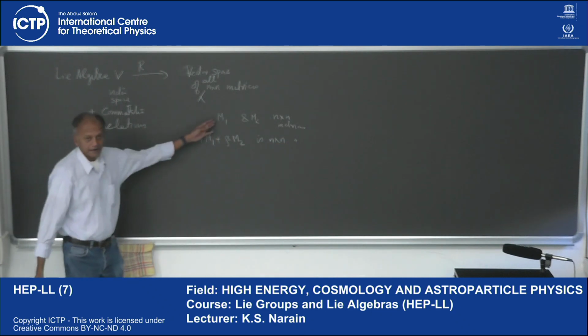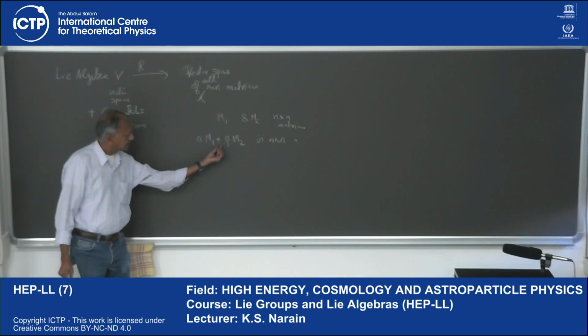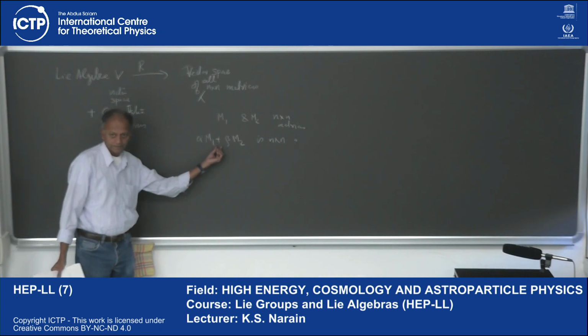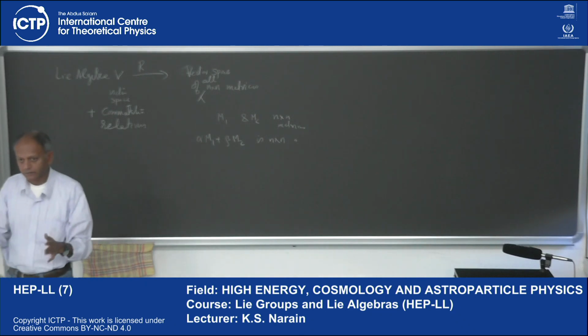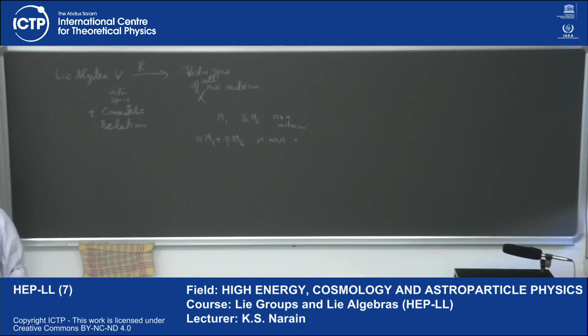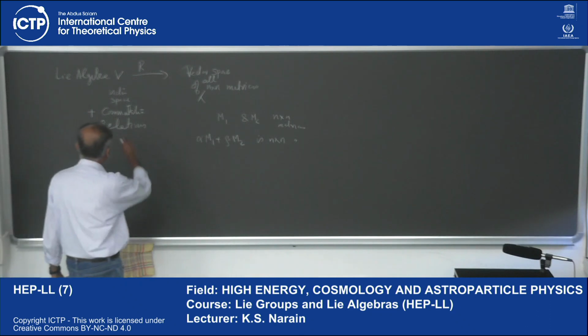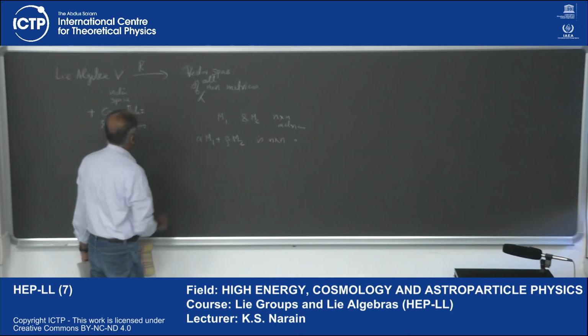So there's addition, and this addition is the standard matrix addition. So there's a definition of addition in the space of n by n matrices, under which it is a vector space. So this is a map from a vector space to a vector space.